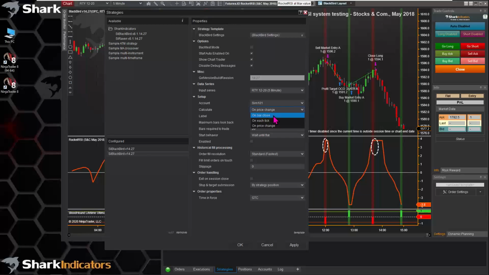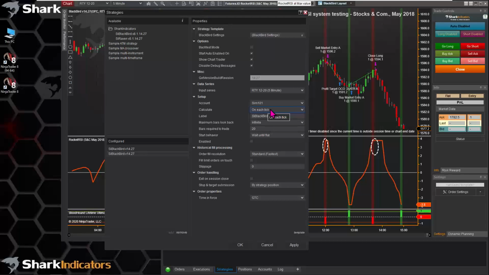Yeah, so I'm showing my screen again here. You can see Blackbird has the calculate setting here. So you can put Blackbird on bar close, on each tick, or on price change, however your system needs. This is critical because depending on the indicator you're using, for example, some kind of order flow or volume footprint type of indicator, almost all of those require your system to run on each tick.